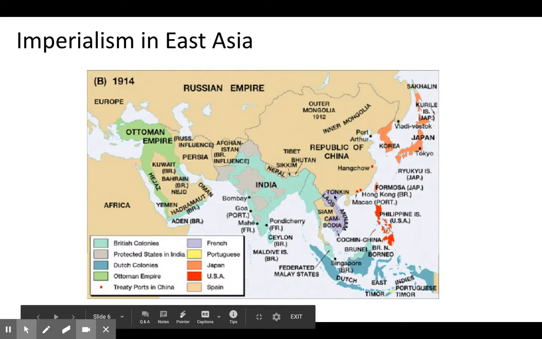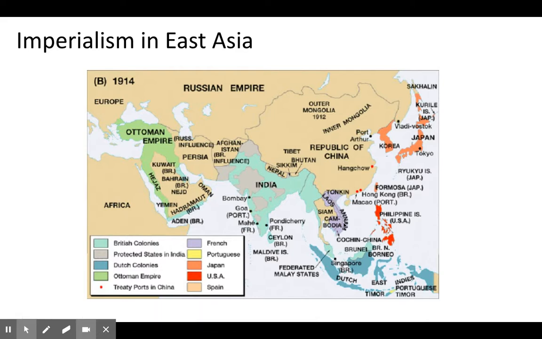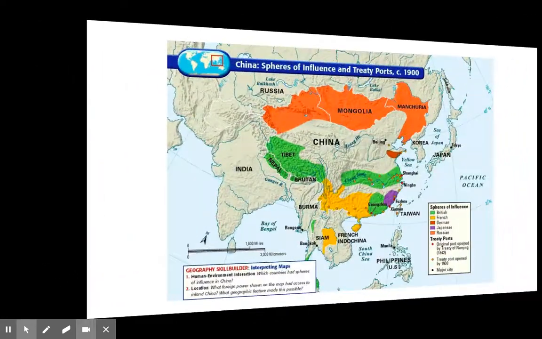French Indochina, Cambodia, Laos, Vietnam, are taken, and you can see Japan actually gets Korea. Japan's a more industrialized nation, so Japan gets in this game of wanting to gather colonies just like Europeans in order to compete. And then, of course, the British are colonizing much of India.